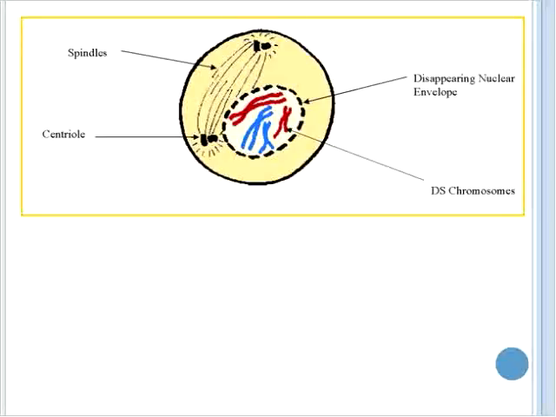Note that during prophase, the spindles have formed their fibers, the centrioles have migrated to the poles to form what are now called an aster, the nuclear membrane is starting to disappear, and the double-stranded chromosomes have now become visible.